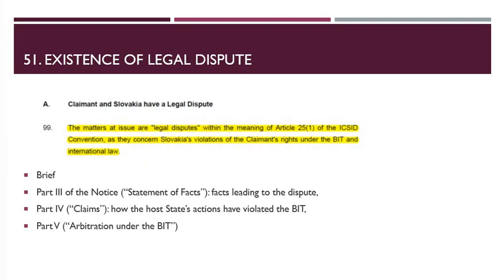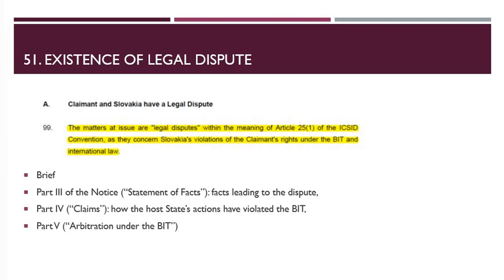Note that this is quite brief because Part 3 of the notice, titled Statement of Facts, describes in detail the facts leading to the dispute. Part 4, titled Claims, deals with how the host state's actions have violated the VIII. And Part 5, that is Arbitration under the VIII, pertains to satisfaction of conditions for invoking arbitration, where these aspects have been extensively dealt with.